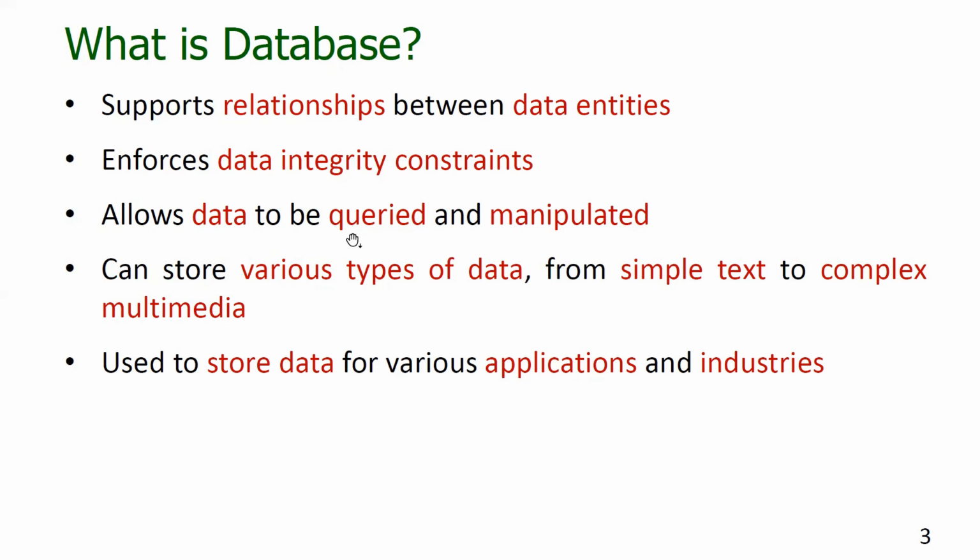You can do querying of the data, and you can manipulate the data. It also allows storing various types of data, from simple text to complex multimedia data, and is used to store data for various applications and industries. That is about a database and its functionalities.